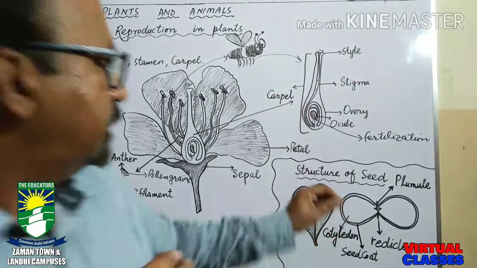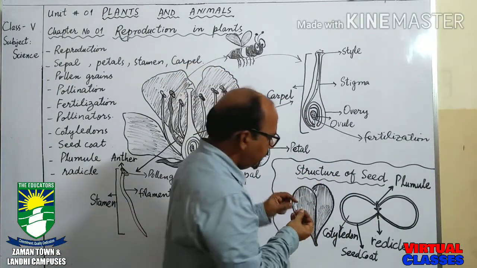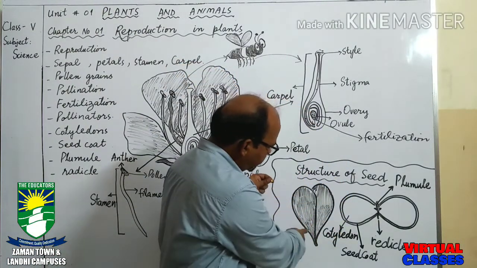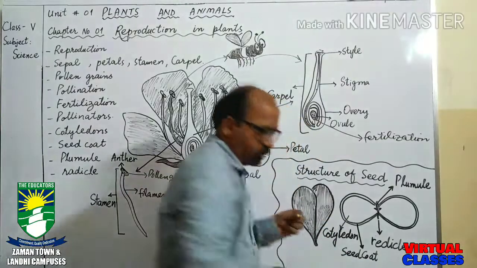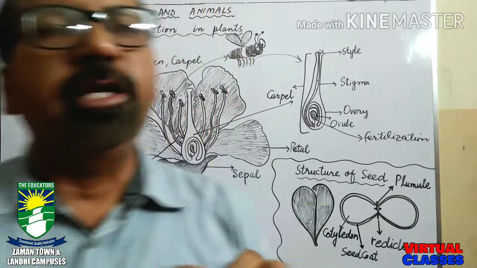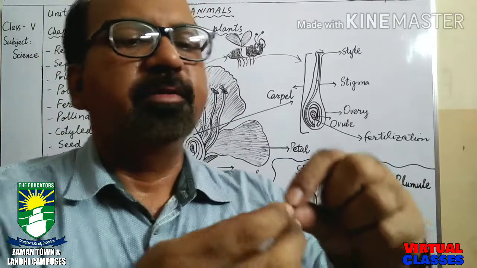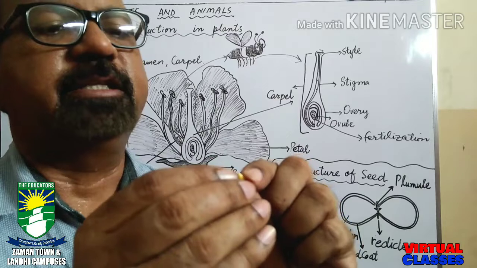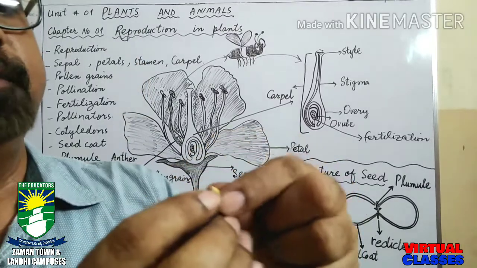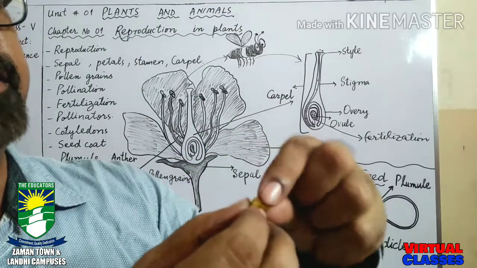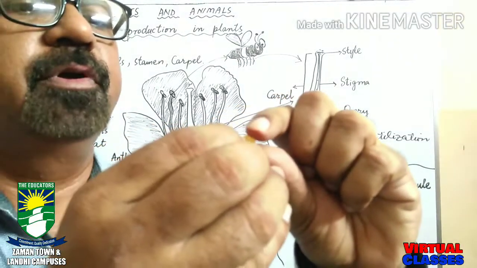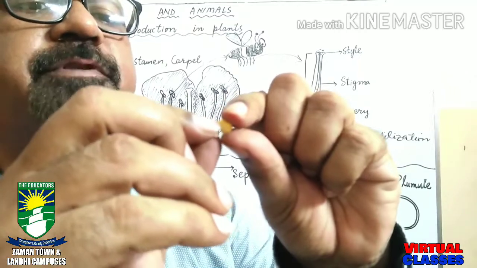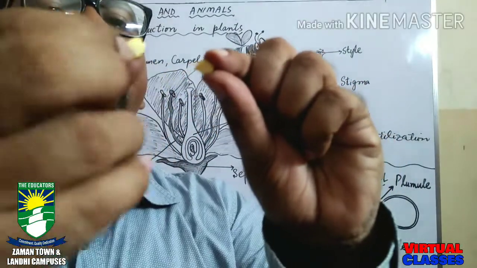As shown in the structure of the seed, this is the gram, and now I have peeled off the seed coat. The seed coat is the outer covering of the seed and it protects the seed. So this is the seed of the gram. When the seed coat is peeled off, it has two halves. You are watching, it has two halves.